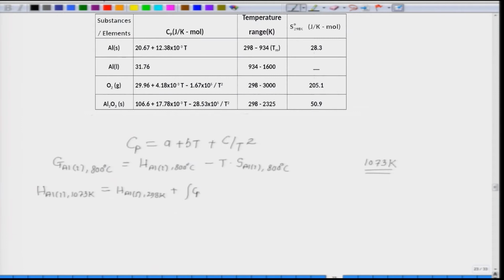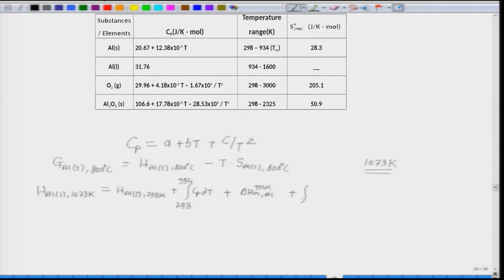So, we know integral Cp dT from 298 to... the aluminum will melt in between, right, before we reach 1073 Kelvin. It melts at 934 Kelvin. So, we can use Cp solid only up to 934 Kelvin. Then when aluminum melts, it will absorb heat, right. So, we need to consider that latent heat of melting. So, delta H melting of aluminum at 934 Kelvin, and then aluminum becomes liquid.